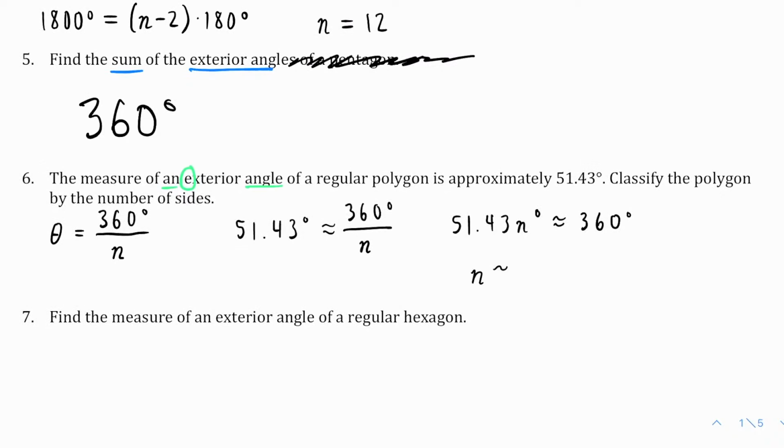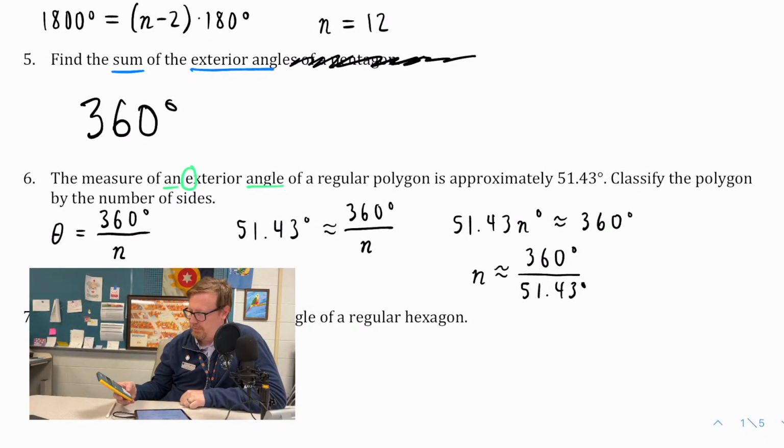So n is approximately 360 over 51.43. And it's calculator time. The answer I get is 6.99980 something. That is pretty darn close to 7.